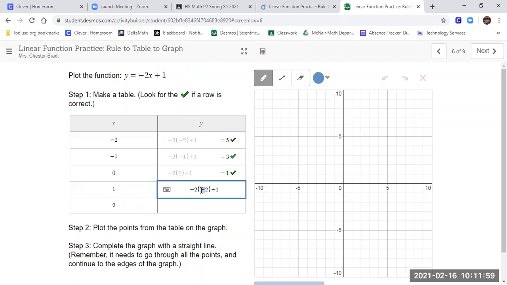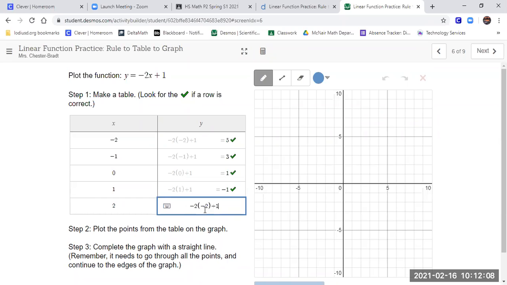I don't see anywhere in the rule where it talks about starting at 0, 0. And I'm not asking you to look at the table of values. I'm asking you to look at the rule. What do you see in the rule that gives it away that it's not proportional? We just got done talking about it.